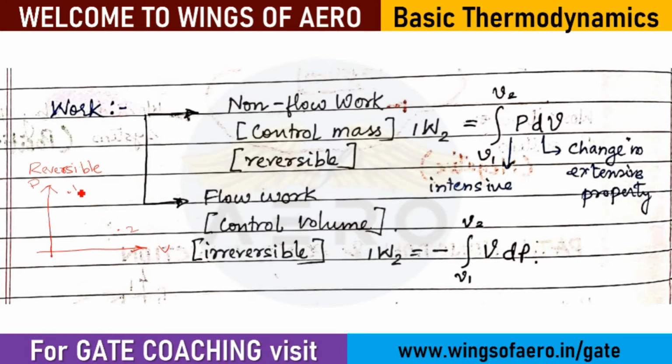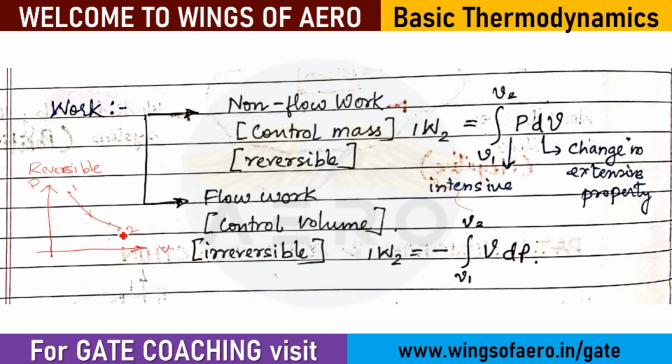That means we have two states. Whatever process happens, it is going to move from state 1, that is point 1, to point 2, if it follows this path, from 1 to 2.